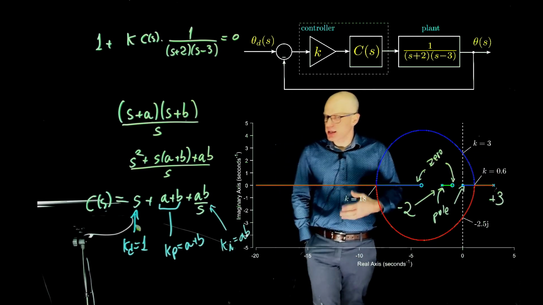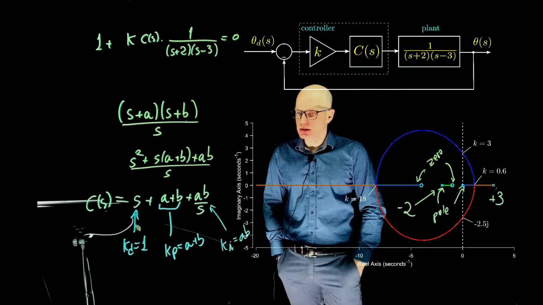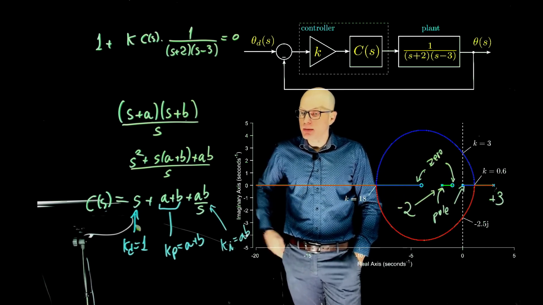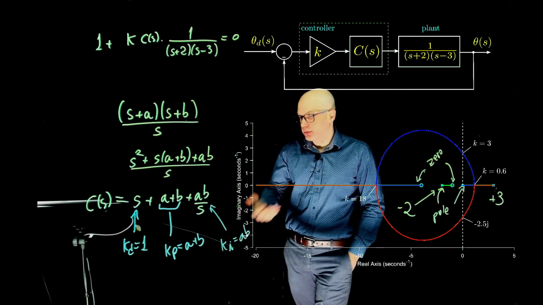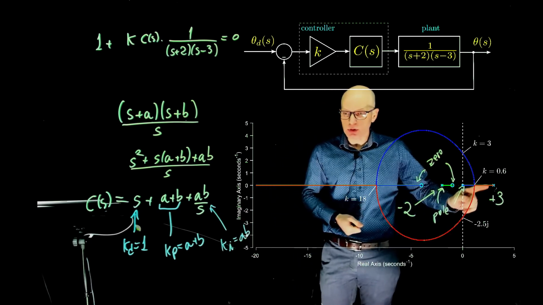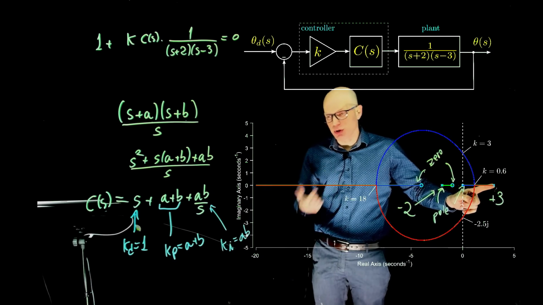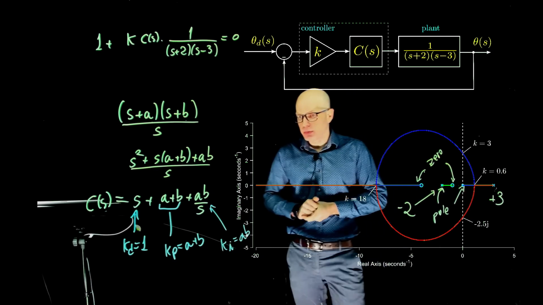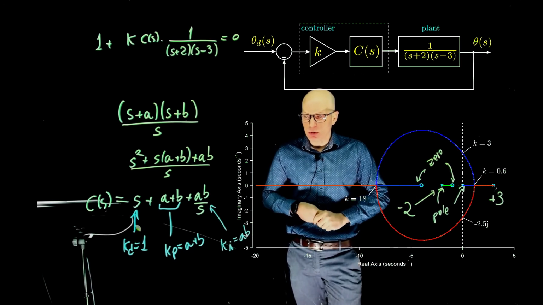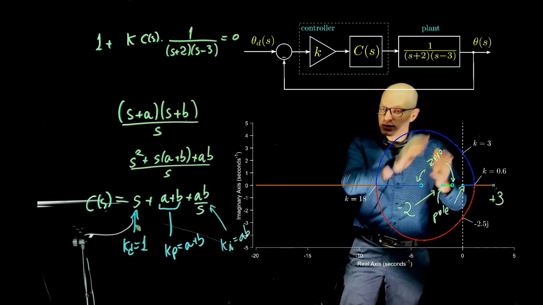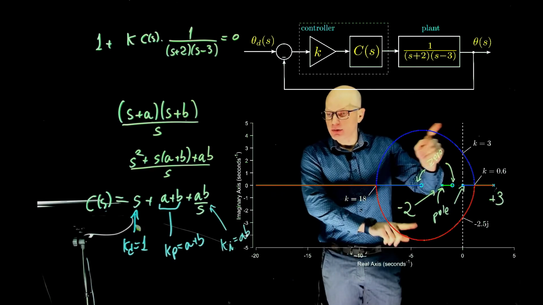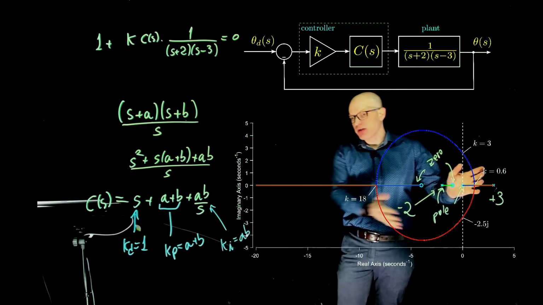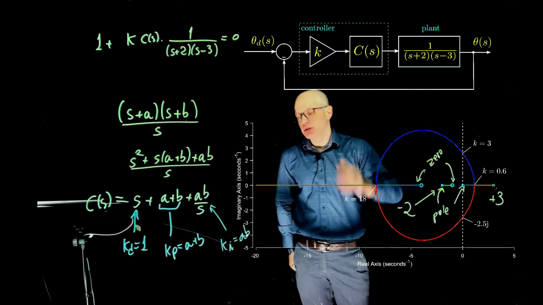So C of S can indeed stabilize the system just based on this graph. We could come up with another version of C of S to eliminate this pole here, which would also be a valid way to make the system stable. But what we want is that for a given operating point, for a given value of k, we have a condition where the system is stable. And here we have plenty. So long as k is greater than 3, the system is stable.